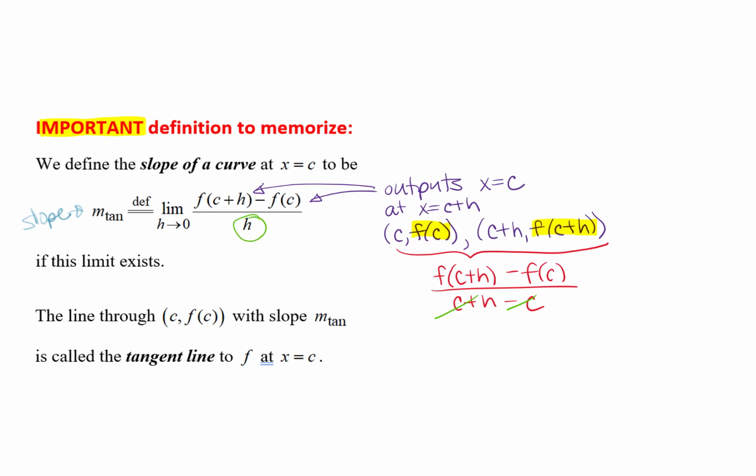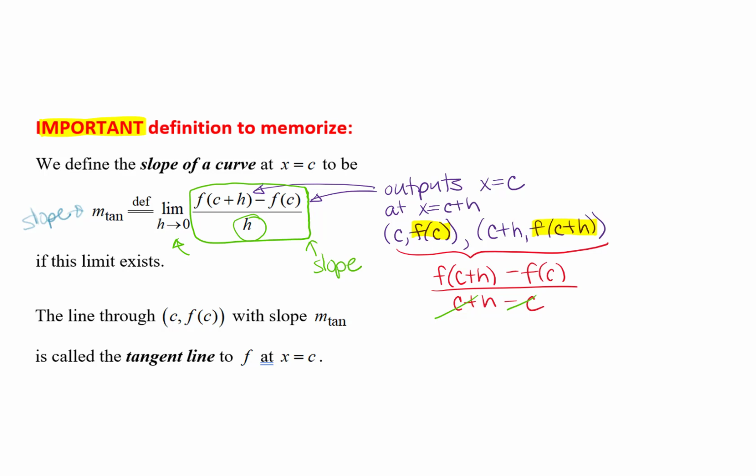So the key idea here is that this definition, the right hand side of this definition, this is really just slope. Change in y over change in x, and then the 2 points are at x equals c and x equals c plus h. And then the part about the limit says we're going to let that h, which would be the distance between those 2 points, approach 0.